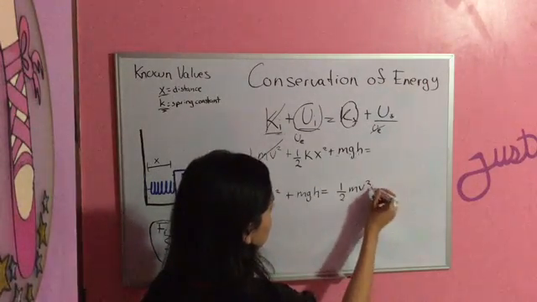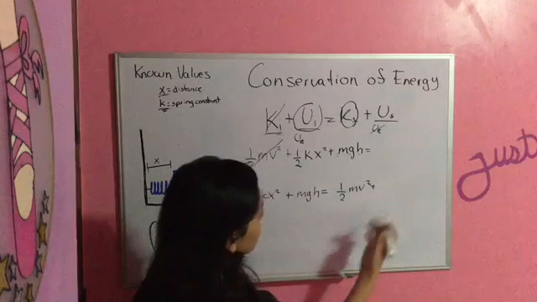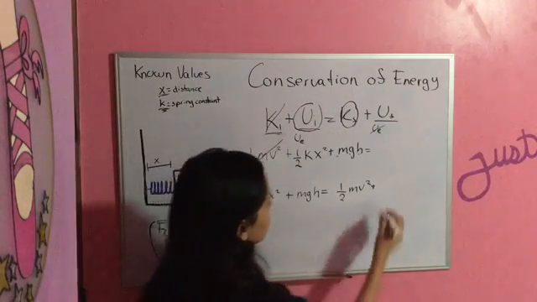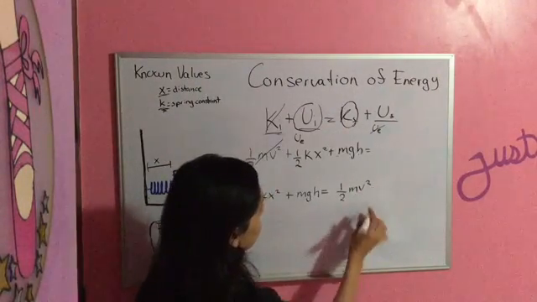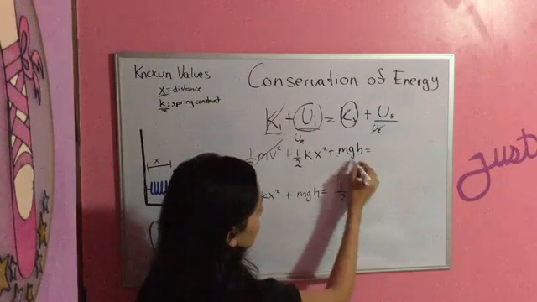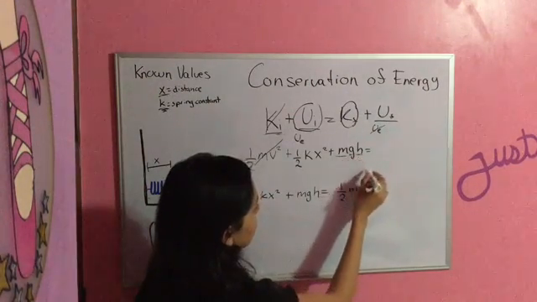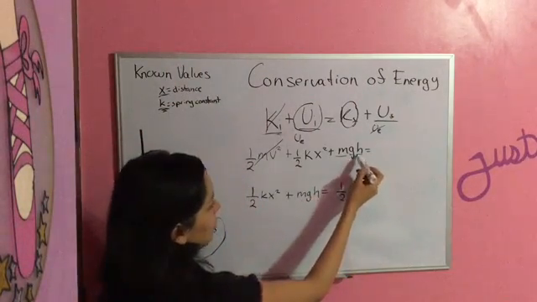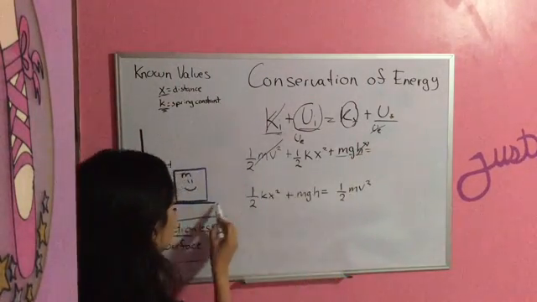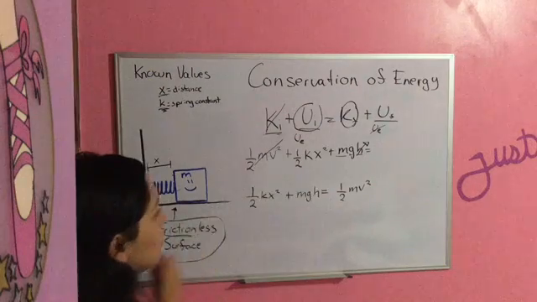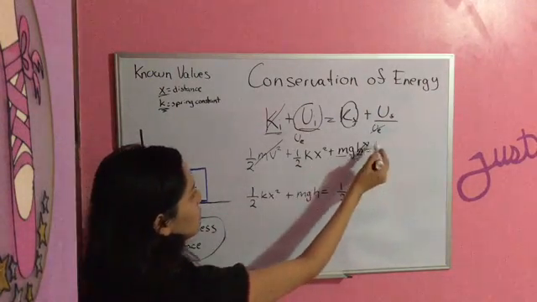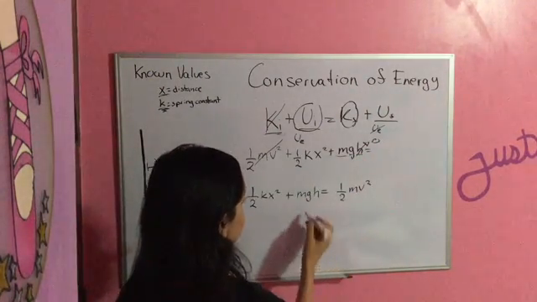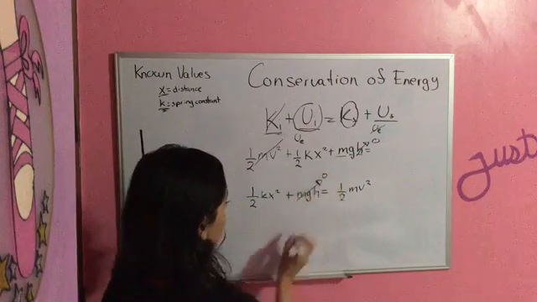And since there is mass, gravity, and height, we can put it. But here we don't have a height because it's at a low level. So also this part is cancelled, as well as this one.